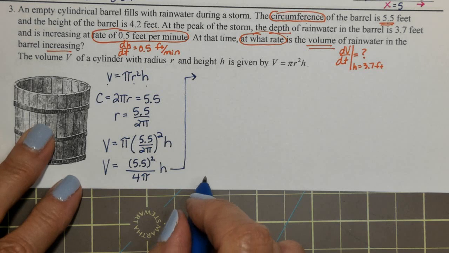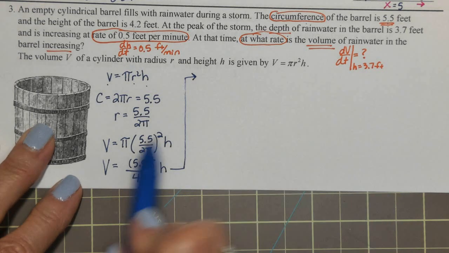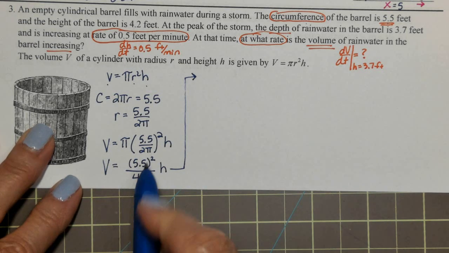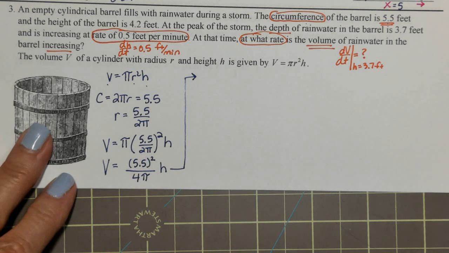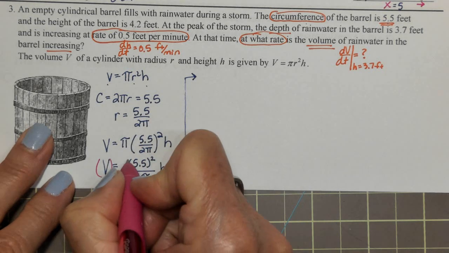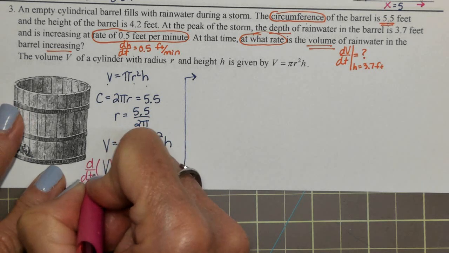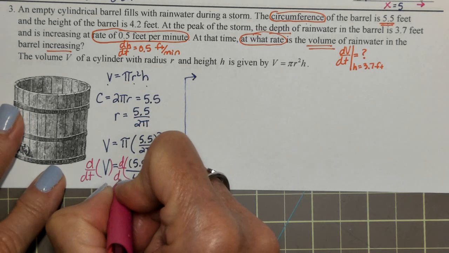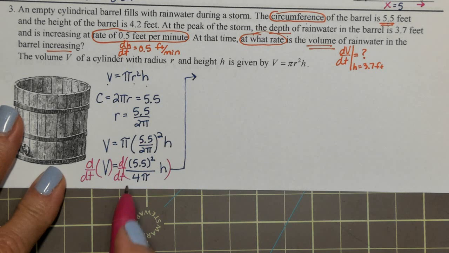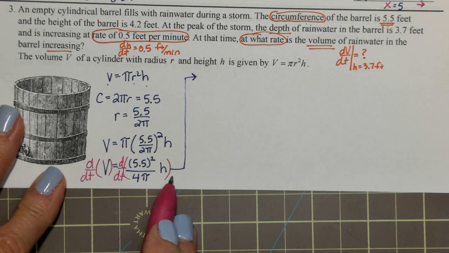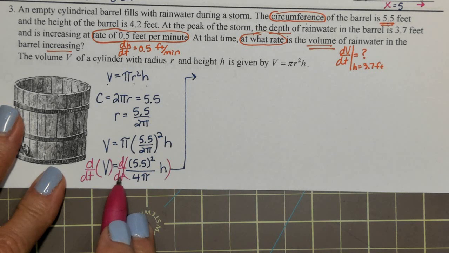Alrighty, so what are we looking for? We're looking for dV/dt. So I'm going to take the derivative of both sides with respect to t. Squeeze that in front. Do not put this in the back. It'll make you look like a fool. So keep it up in front, even if you have to squeeze it in.